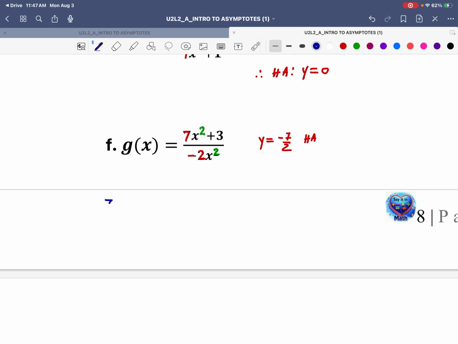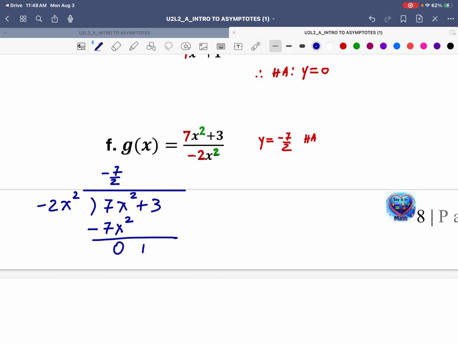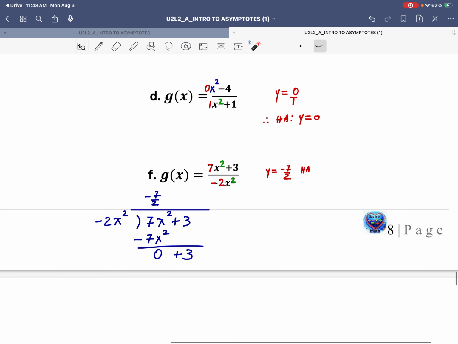Try it, and you will see that in every division that you perform here, you would get a quotient equal to exactly the horizontal asymptote. So we're going to say that 2x squared goes into negative 7x squared negative 7 over 2 times. Negative 7 over 2 times negative 2 is 7x to the power of 2. And then subtract 0 plus 3. It doesn't go anymore. This is where you stop the division. Whatever you get in the quotient will actually be your horizontal asymptote.